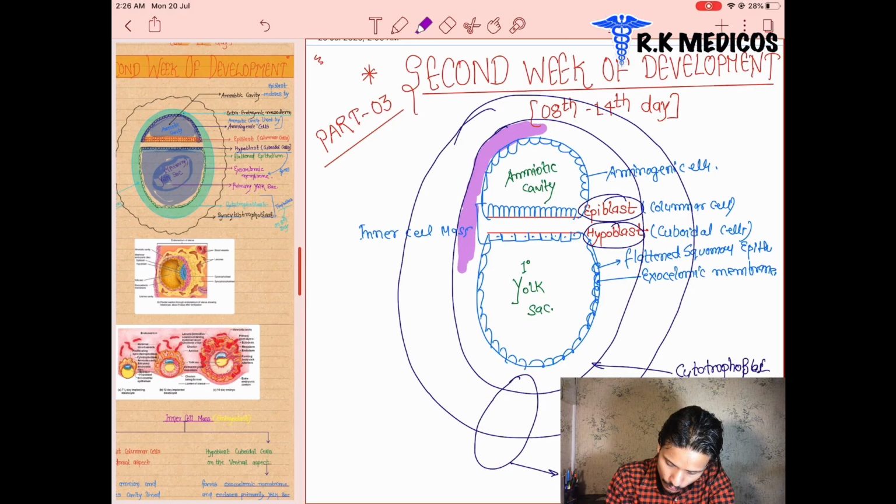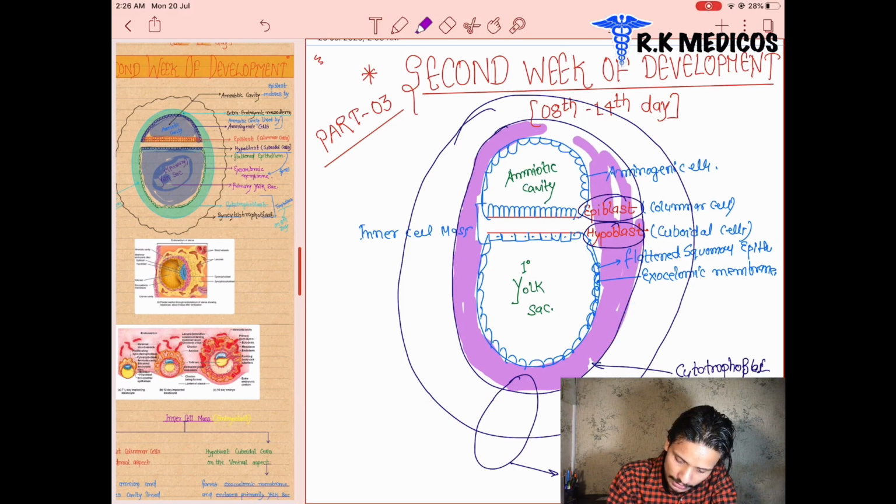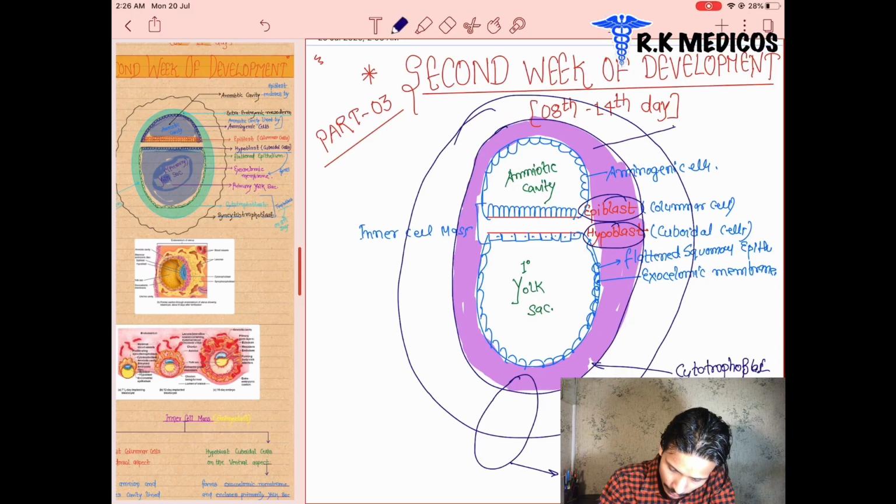Of course it is true, because the inner cell mass forms two parts, the amniotic cavity and the primary yolk sac, and these two structures combined form the inner cell mass. So what are all these structures representing here? A cavity, and this cavity is called the extra embryonic mesoderm.